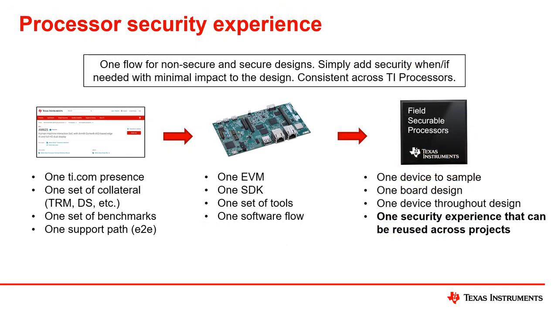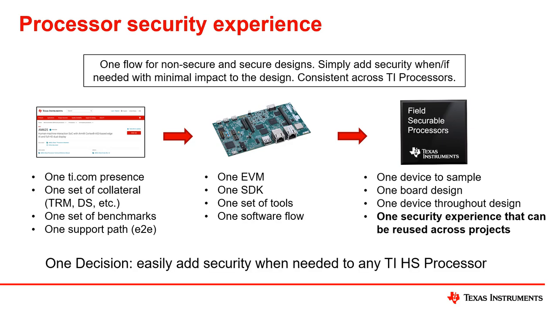All of these capabilities are available to you with the AM6X processor family. It's all included in the basic offering. You don't have to worry about whether you're looking at a secure processor or not. All the basic components are included in the standard TI offering, which really allows you to start your design and then turn on security when you're ready and when it's necessary for your projects.